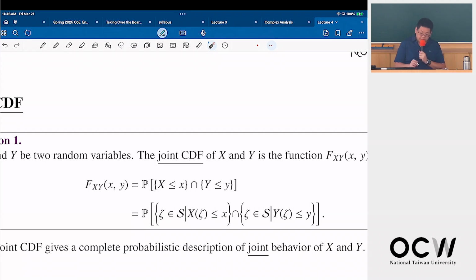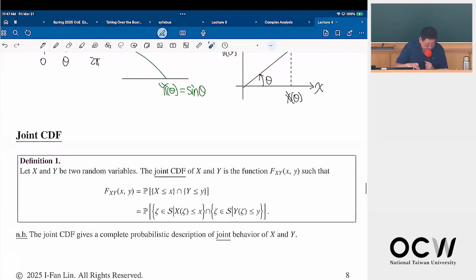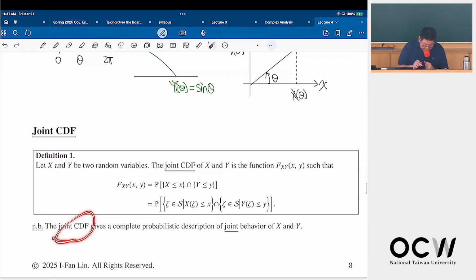This means there is a realization or outcome from the sample space such that the mapping in the real line is less than or equal to some point x, and also intersect for the case in y, in the real line that is less than or equal to some point y.